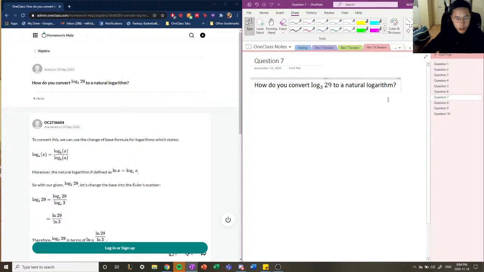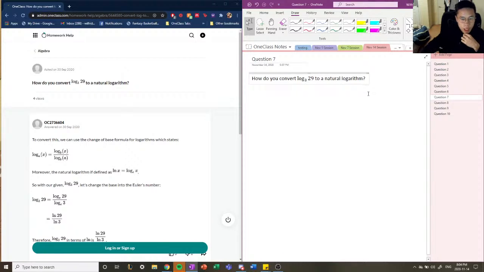All right, so how do you convert log 3 of 29 to a natural logarithm? The natural logarithm is ln, and it has a base of Euler's number. So how do we convert this logarithm to the natural logarithm? Well, there's a very interesting property of logarithms called the change of base. It suggests that the log of base b with argument a can be converted to a different base by this formula.